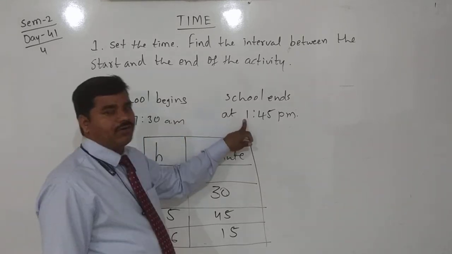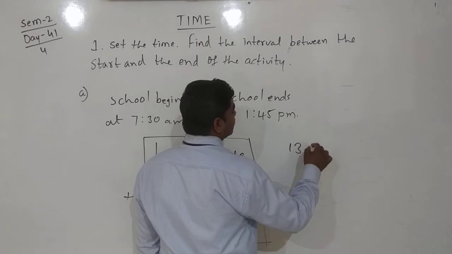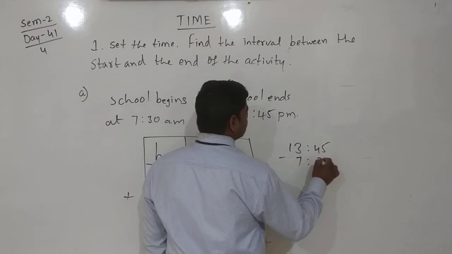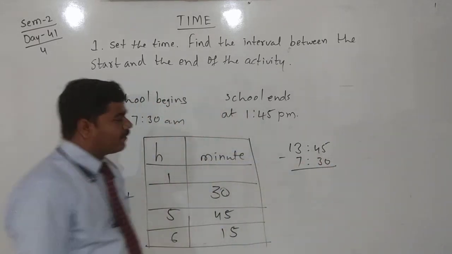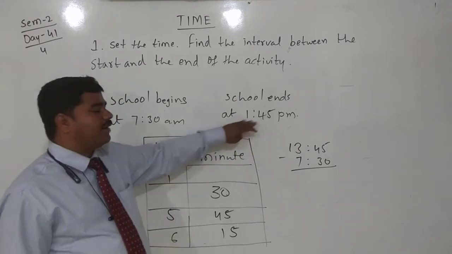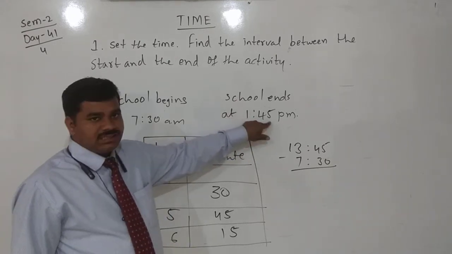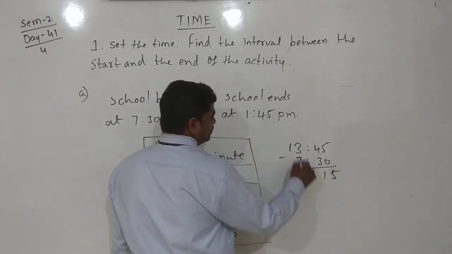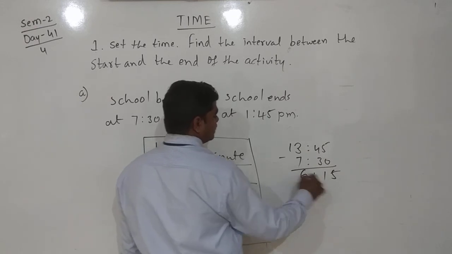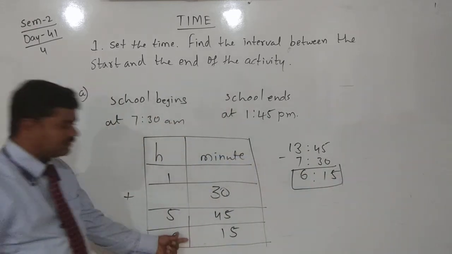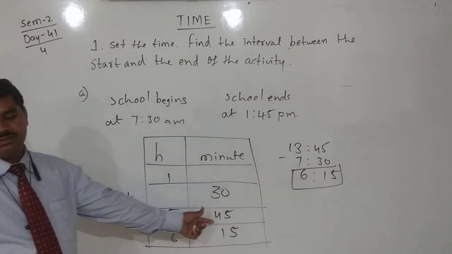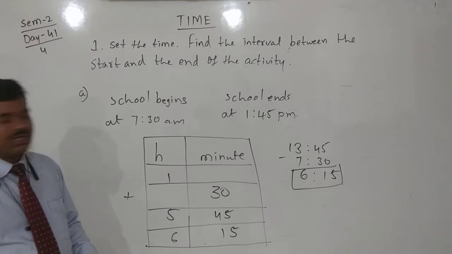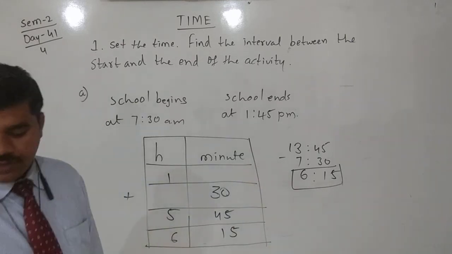Or you can add 12 for this one. 12 means 13:45. 13:45 minus 7:30. Convert into the 24-hour clock, PM. Yes, 1 plus 12, then 13. Then 13 minus 7 is 6. 6 hours 15 minutes. Like this, both ways we can calculate. We have the answer, very simple. You can convert into a 24-hour clock.